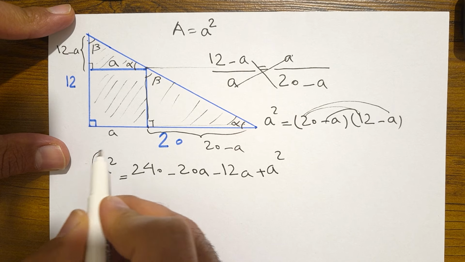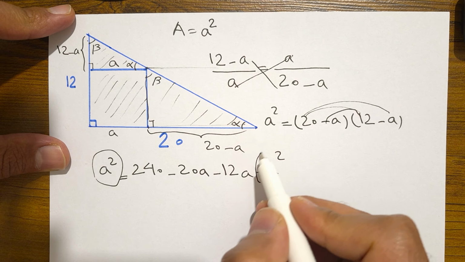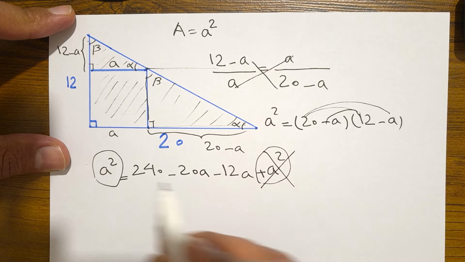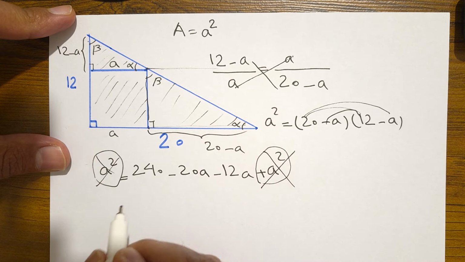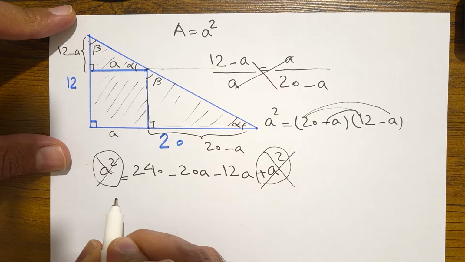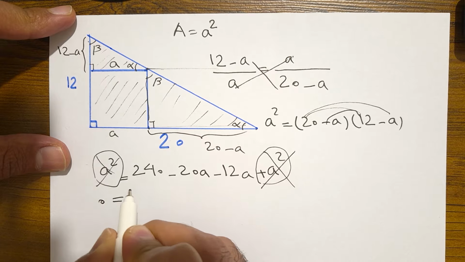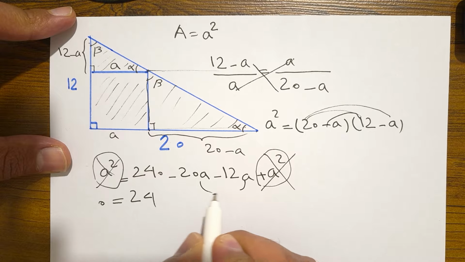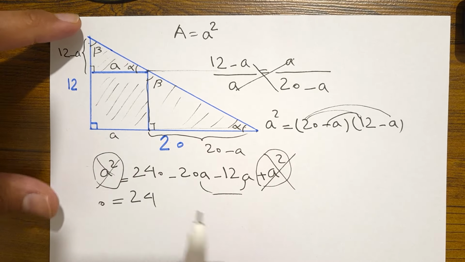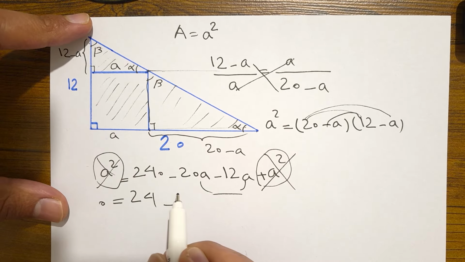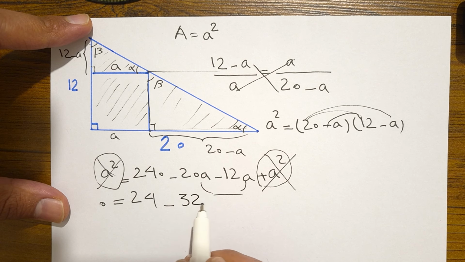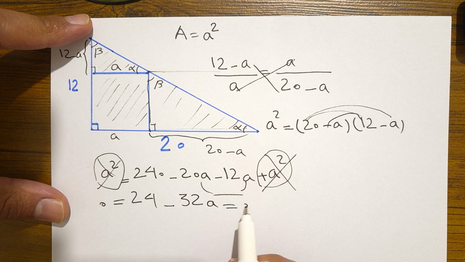So we have A squared here and the same A squared here, they cancel each other out. So the rest is easy. So these two terms, they are A, so we can just add them together. Minus 20 minus 12, that's minus 32A equals 0.